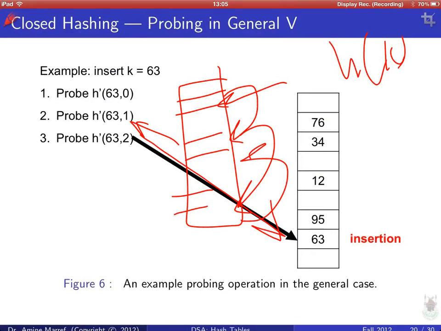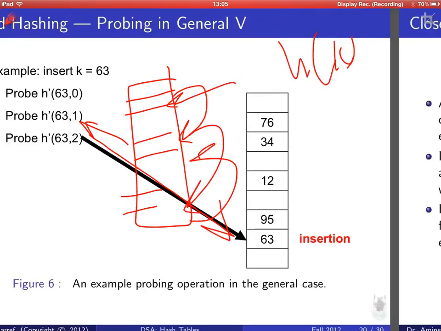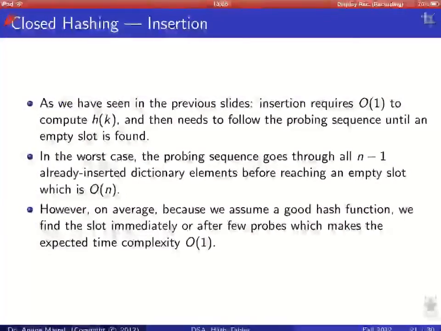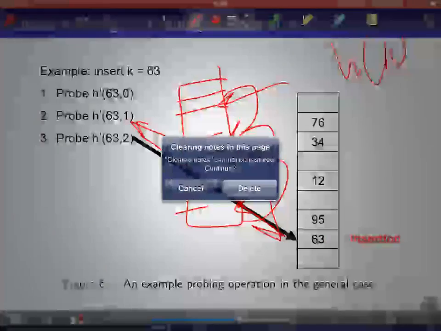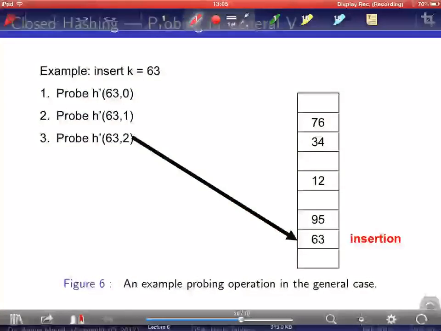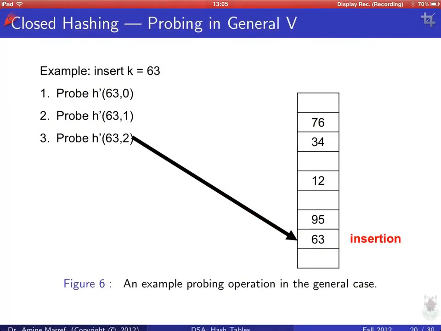Now, if I'm searching for 95, I go through this. I don't find it because it's occupied. I go through this. It's a ghost, so that means the item I'm looking for might be somewhere else because this is a deletion. So I keep looking until I find 95.